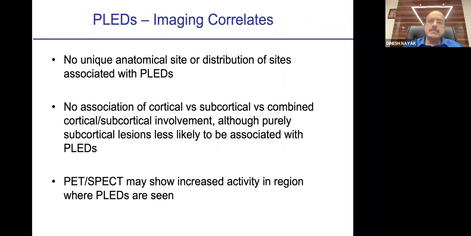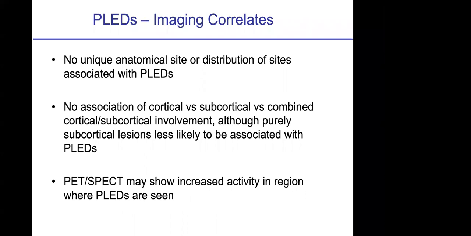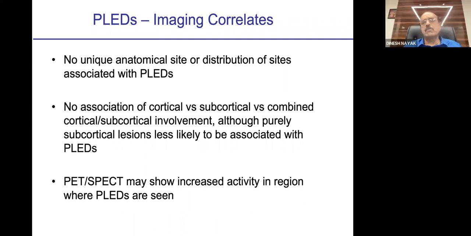Any part of the hemisphere, if it gets damaged, can produce the same PLEDs, whether it is occipital, parietal, temporal or frontal lobe. And it can be cortical, subcortical or combined.